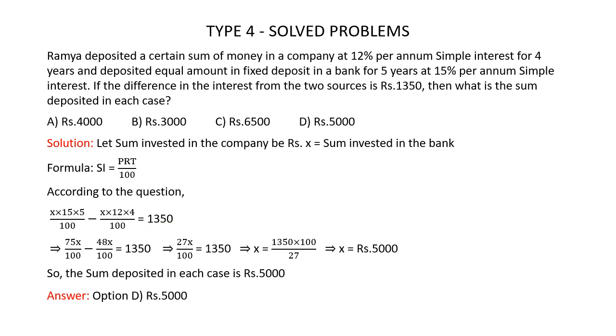On solving this equation, we get X is equal to rupees 5000. Since the sum invested in the company and the sum invested in the bank are the same, the sum deposited in each case is rupees 5000. So the correct answer is option D, rupees 5000.